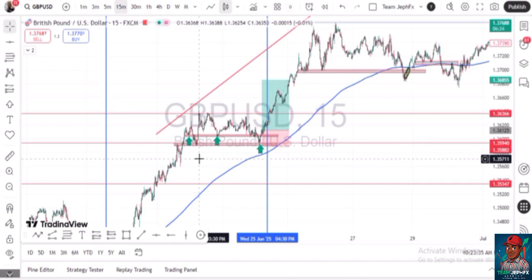The first thing we want to take note of whenever we are taking a trade is using the 1:2 risk to reward ratio. What does this mean? If you are risking, for example, 20 pips, you want to be targeting at least times 2 of what you are risking. Whether in money value, for example you are risking $5, you want to target $10 minimum.